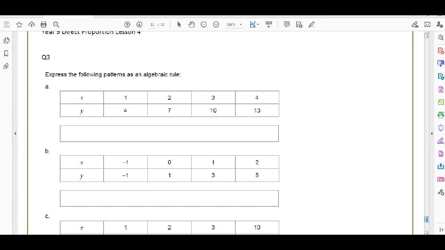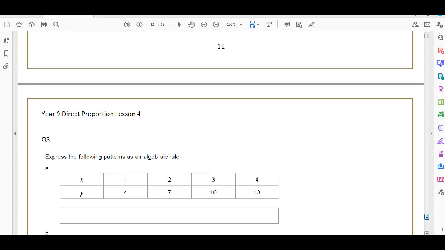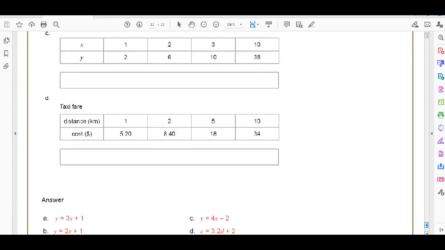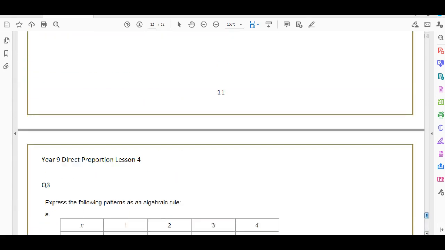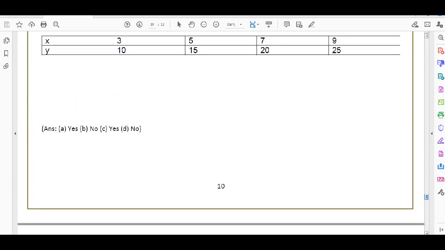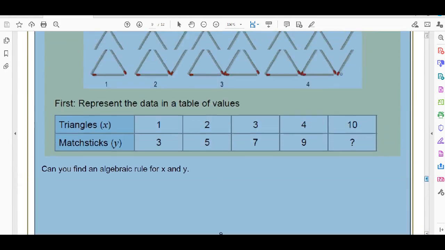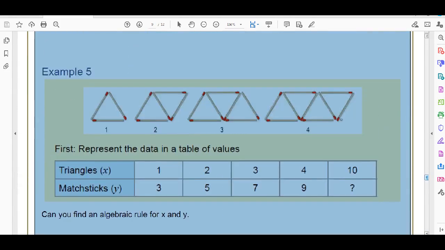The third question is about how we could establish an algebraic rule for the linear relation. You have all the answers just below the questions. Just try to do them. Don't just copy the things from the video.